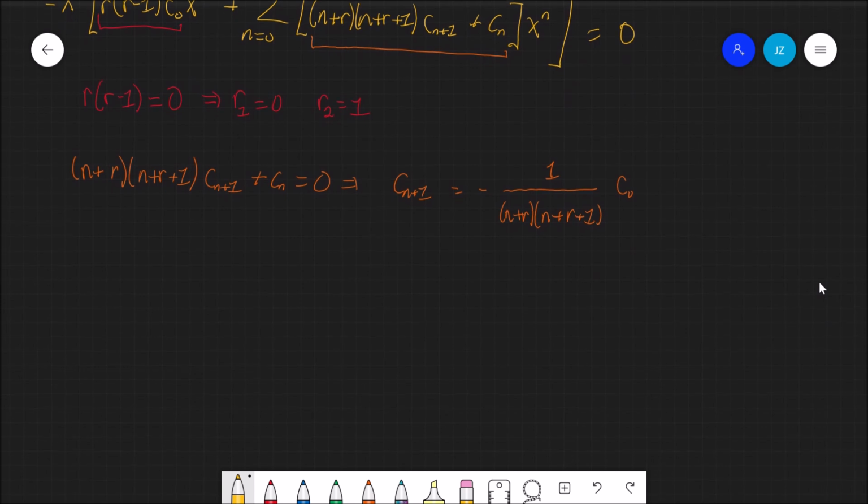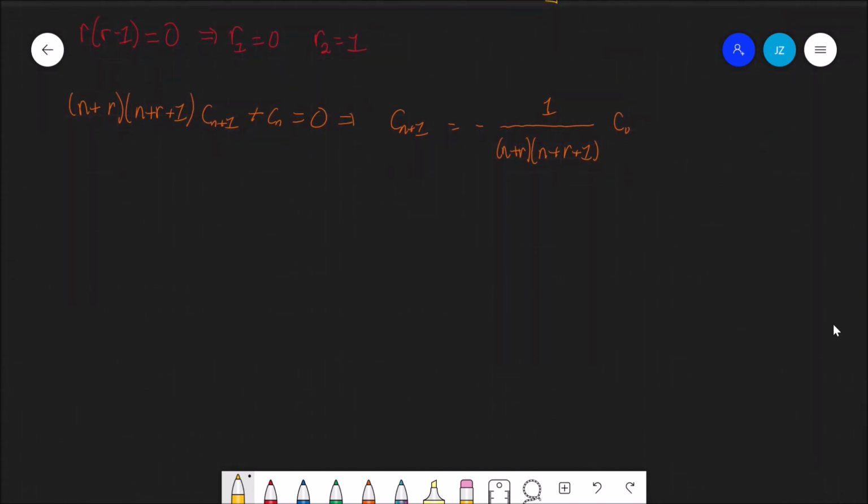So let's start with r being 0. Then c sub n plus 1 will equal negative 1 over n times n plus 1, c sub n.